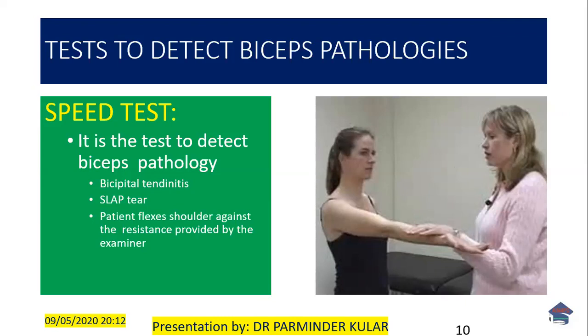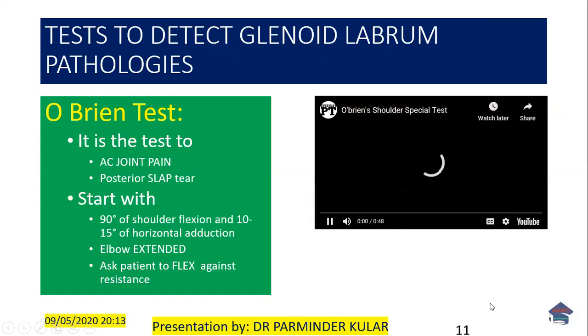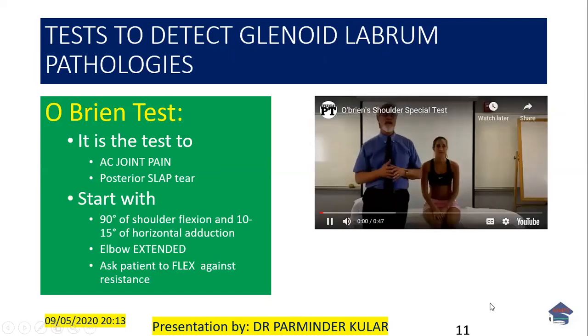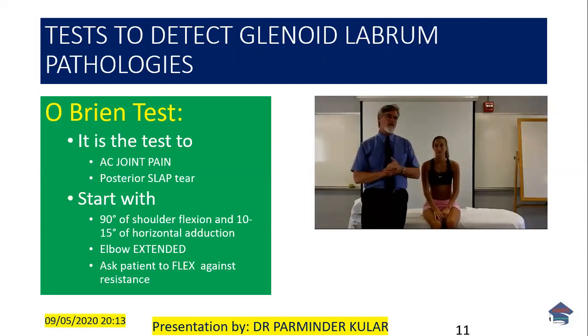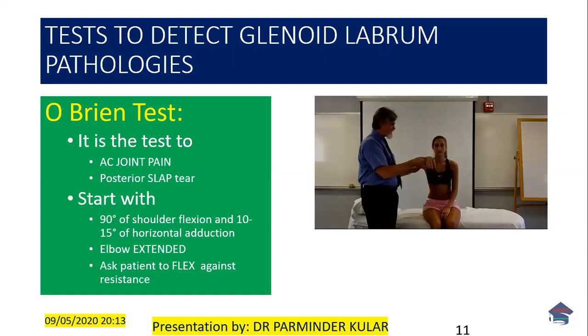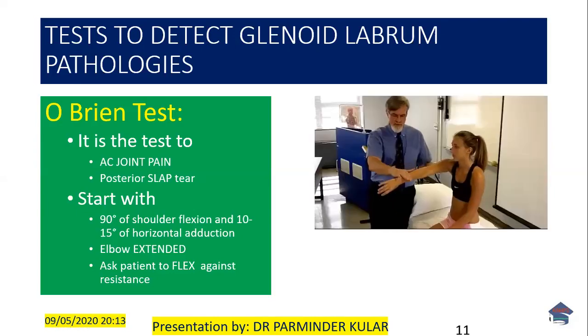So coming to the next slide, it is the O'Brien test. This is a test to determine if there is acromioclavicular joint pathology, slightly different from the Yergason test. The patient starts with 90 degrees of shoulder flexion, slight adduction, with the elbow extended. Ask the patient to resist in this position.